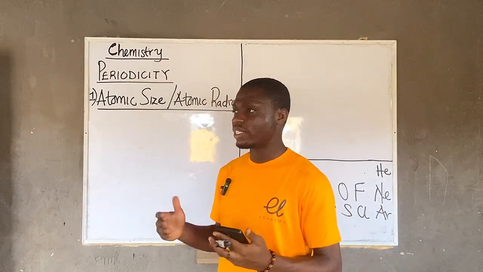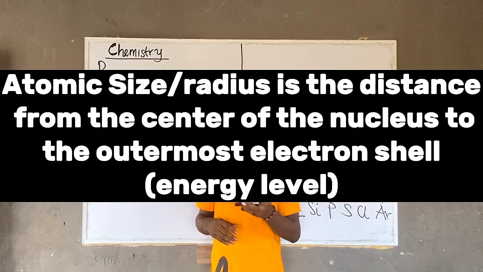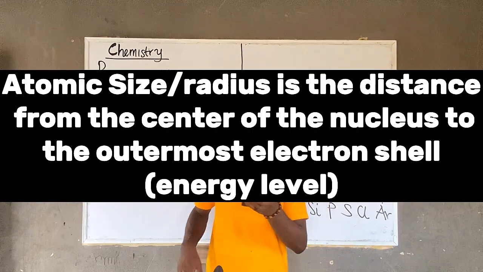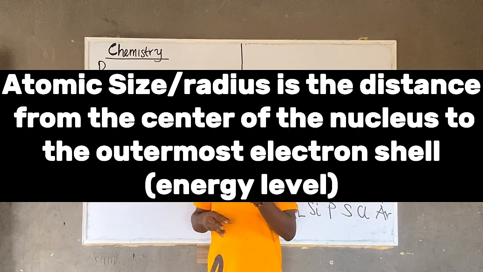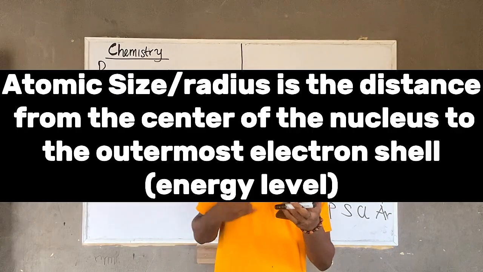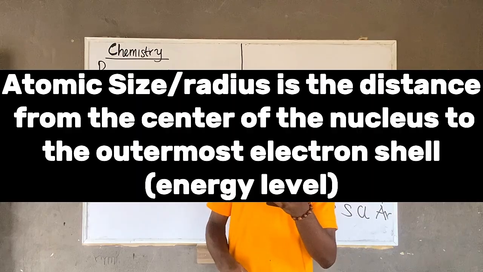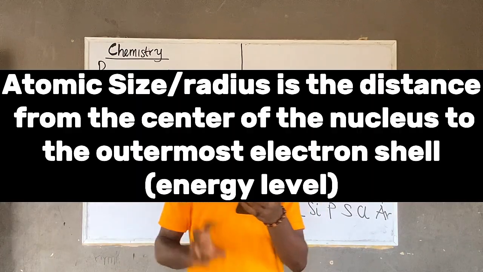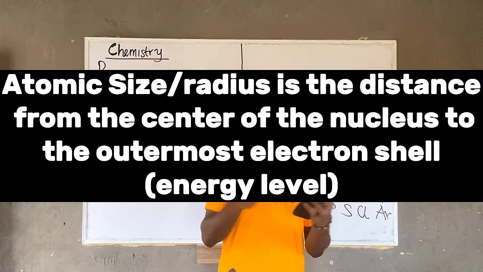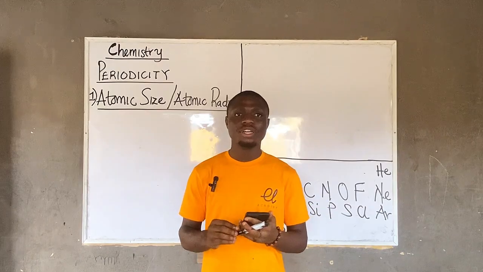First things first, what is atomic size, or atomic radius? Definition: atomic radius, or atomic size, is the distance from the center of the nucleus to the outermost electron shell (in brackets, energy level).